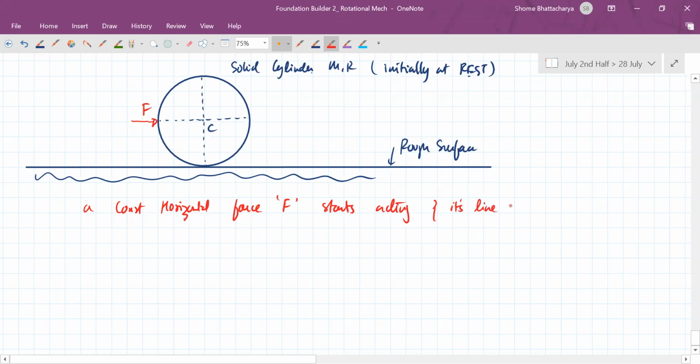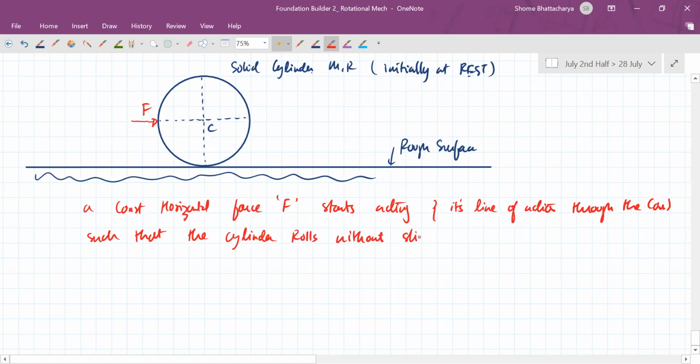Its line of action is through the center of mass such that the cylinder rolls without slipping. Okay. So given that the mass of the cylinder is, let's say, 10 kilograms, the force we are applying is, let's say, 15 newtons.